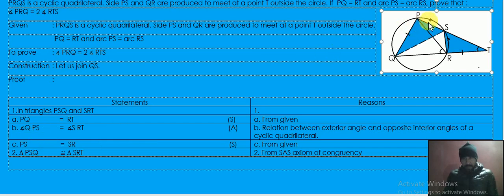Similarly, angle QPS is equal to angle SRT, because this is the exterior angle of the cyclic quadrilateral and this is the opposite interior angle, and they are equal to each other.